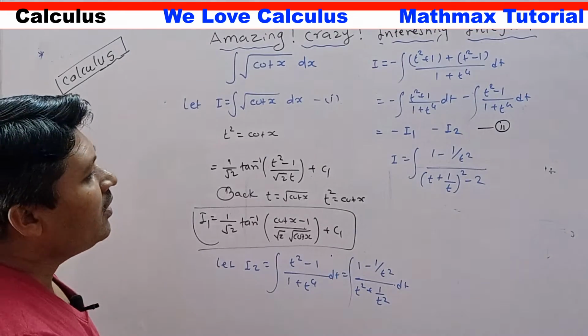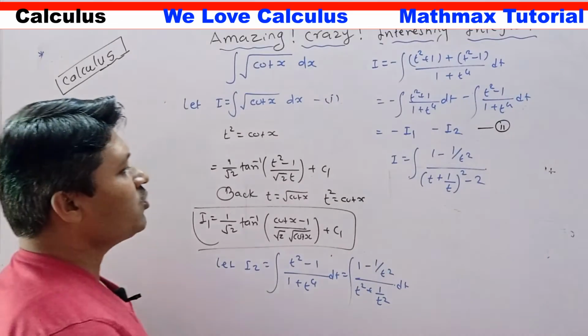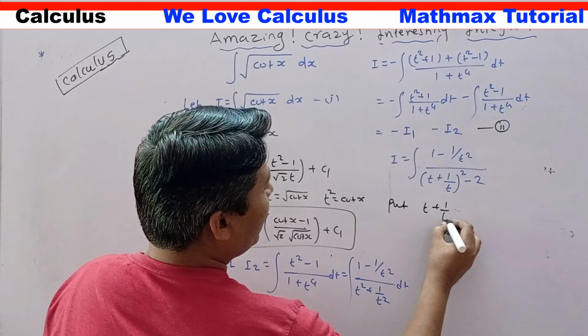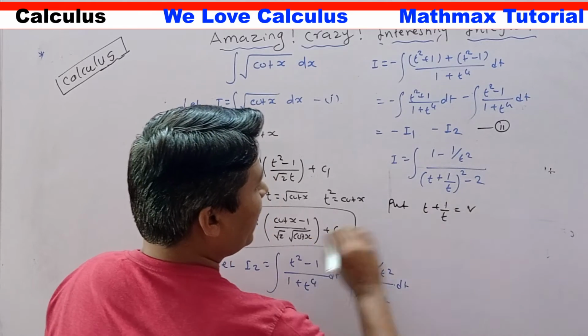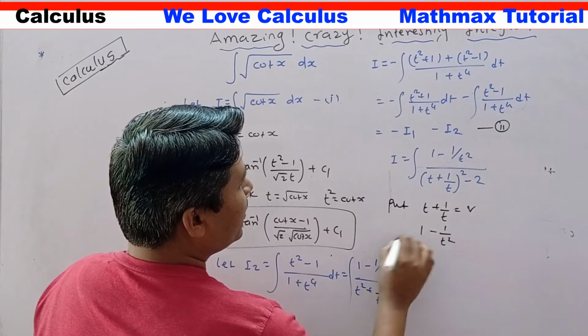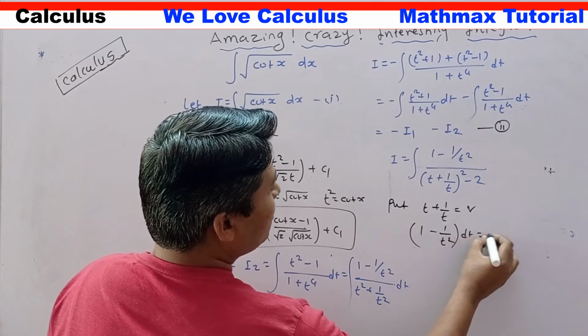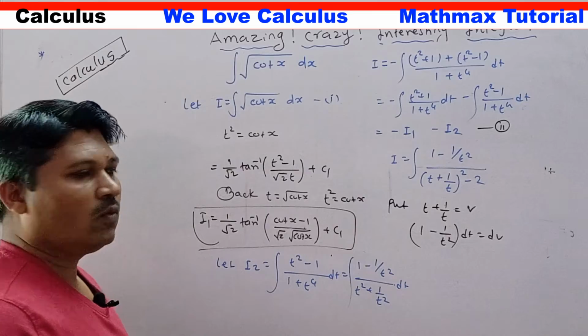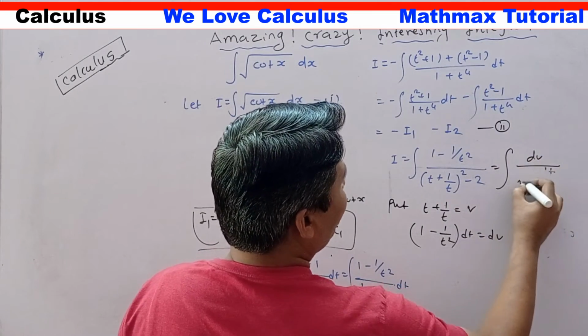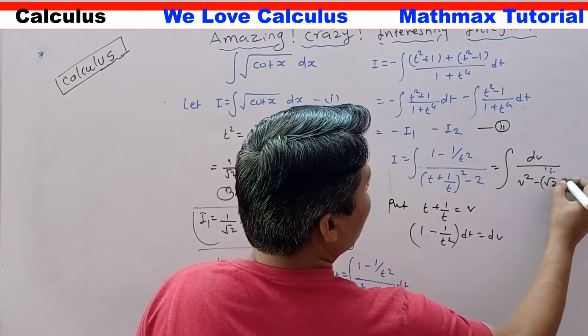Again here we use the substitution method. Suppose we put t plus 1 by t equal to v, and differentiate this function, we get (1 minus 1 upon t square) dt is equal to dv. Then we can write the equation as dv upon (v square minus root 2 square).